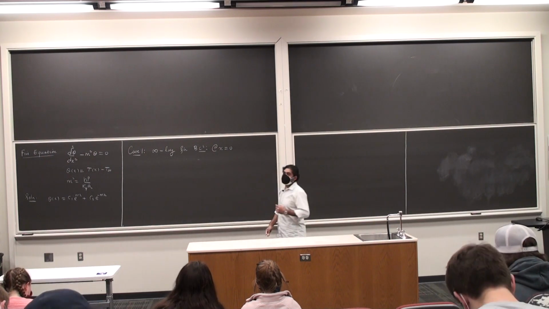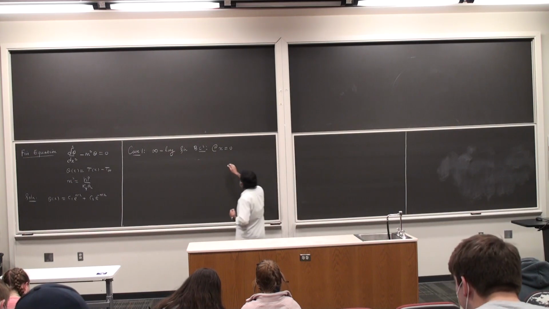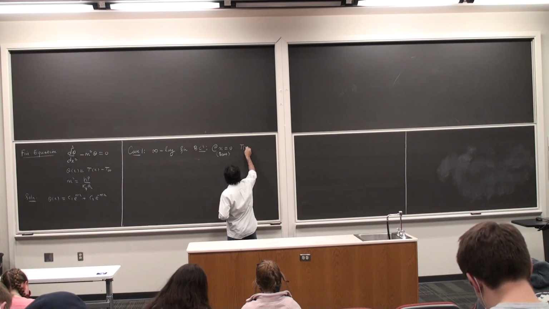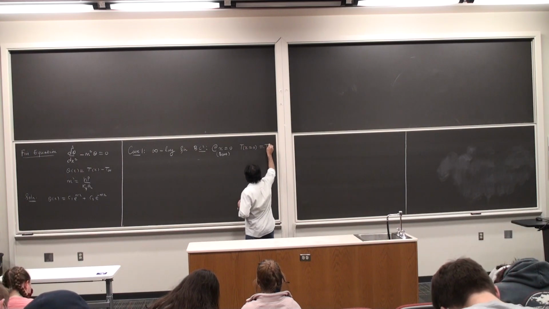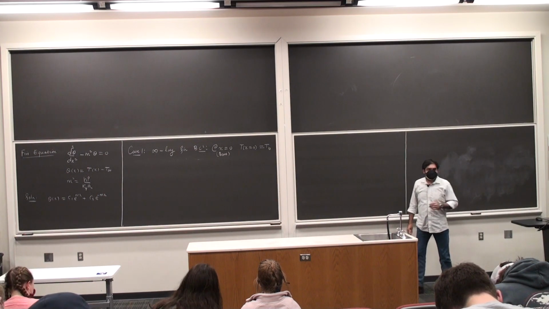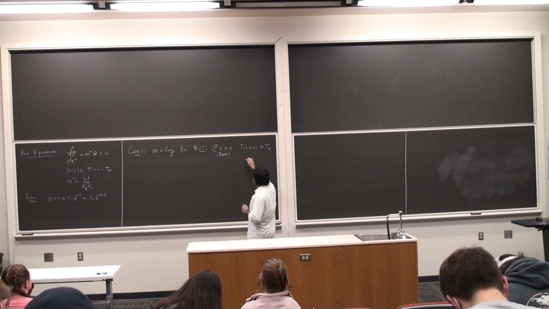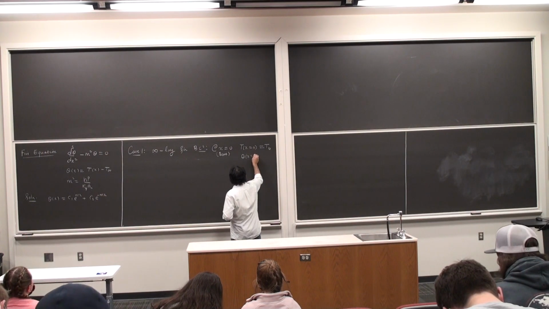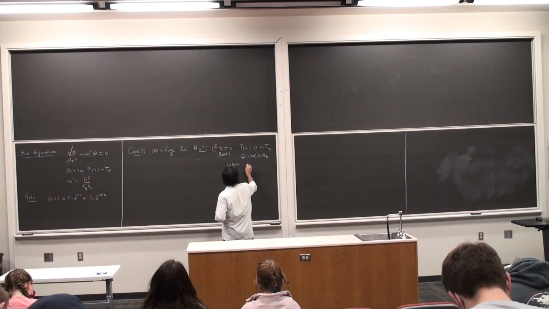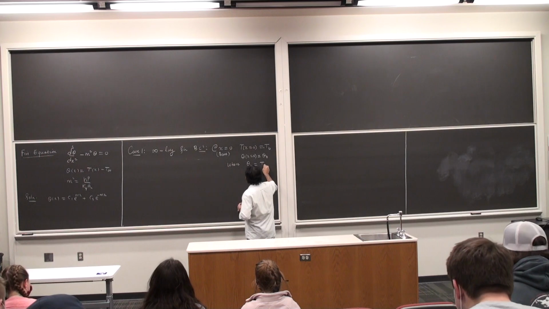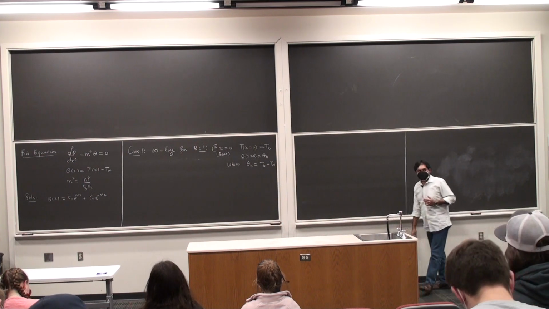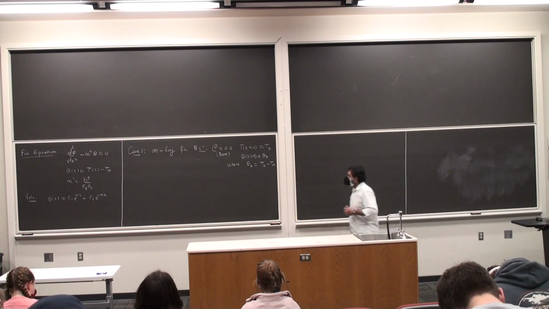At x equal to 0, which is called the base of the fin, we have T equal to T_b, or if I write it in terms of theta, which is just a change of variables, theta at x equal to 0 is theta_b, where theta_b is T_b minus T infinity.